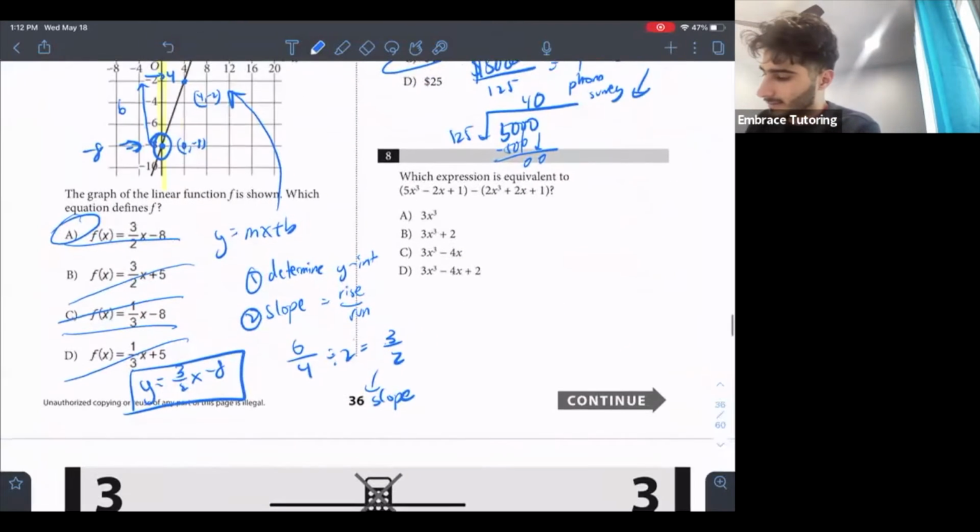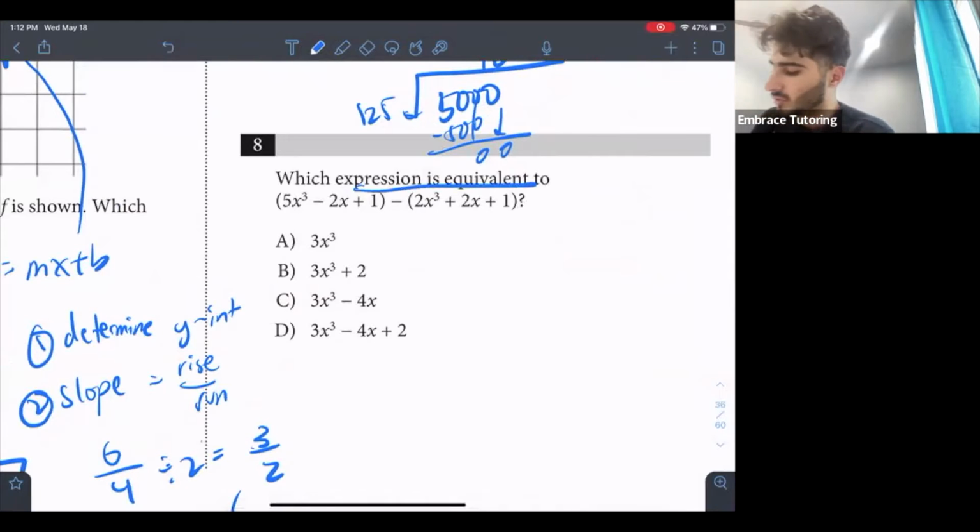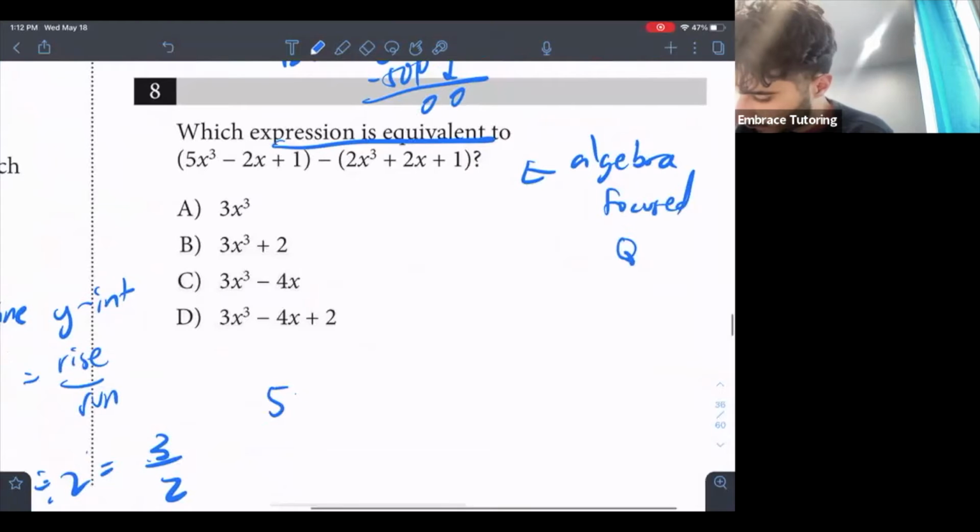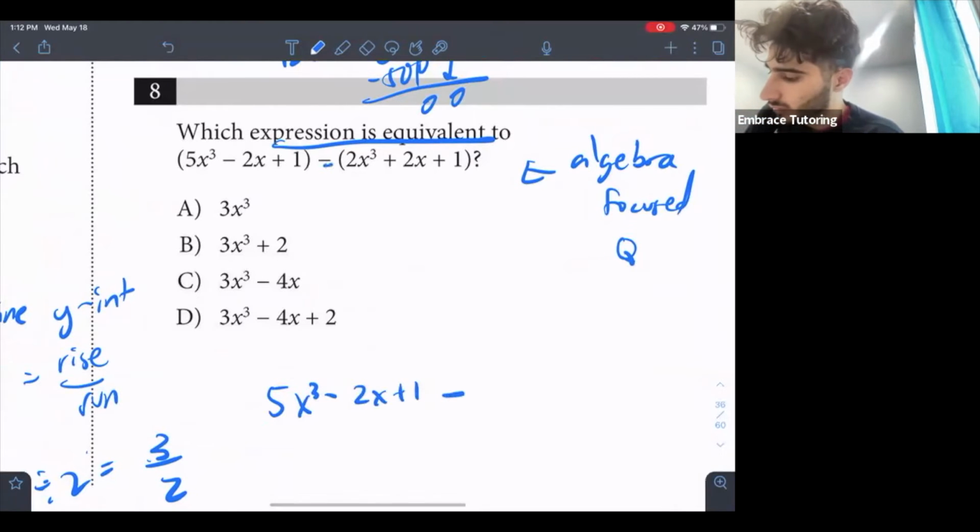Question 8. Which expression is equivalent to 5x cubed minus 2x plus 1 minus 2x cubed plus 2x plus 1? So this is an algebra focused question. What you have to do here is be organized and neat when solving this problem, and always remember to distribute the signs to every single component of the polynomial.